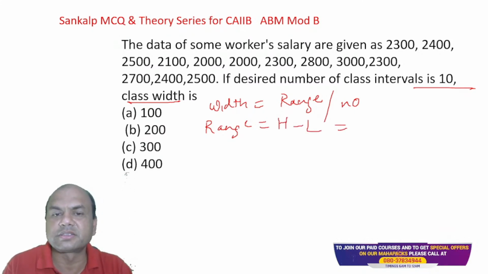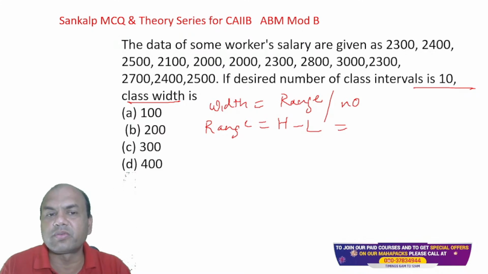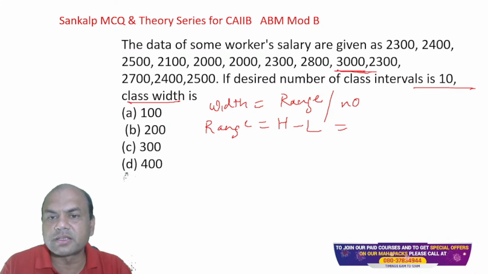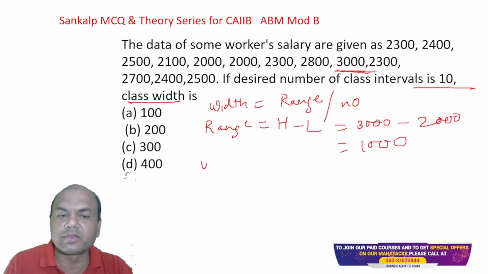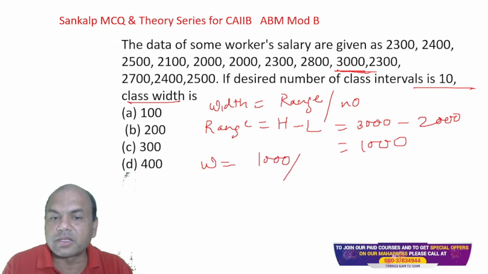Tell me, which number is highest? 23, 24, 25, 21, 2000, and so on. This, 3000. So 3000 minus, which is the lowest? 2000. So it is 1000, right? So what is my width then? Width equals 1000 upon number. What is the number? 10. So my class width will be 100. So this is my answer. Okay.